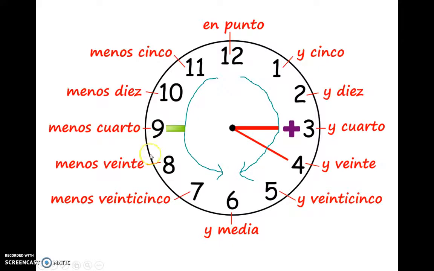Okay? That's on this side of the clock. You count this way, as the arrow indicates, and you subtract. For another example, 6:50 would be son las siete menos 10, because it's 10 minutes before 7. Okay, and then we have en punto, on the dot. Please pause the video now and copy these into your notes.